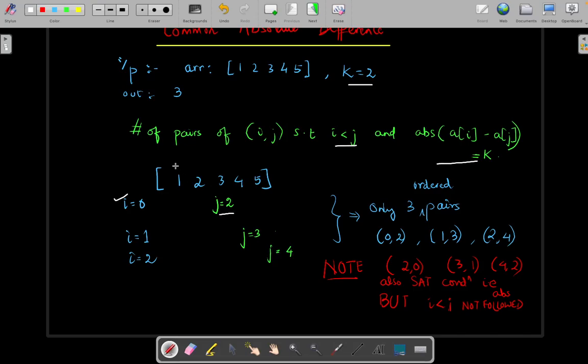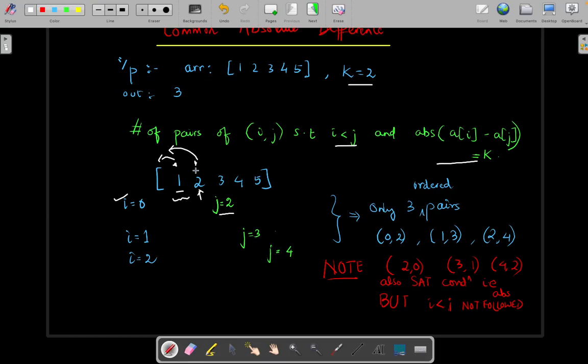When j equals 0, there is no i before it, so the contribution will be 0. When j is 1, there is an i before it, but no element at a distance of 2. Prior to this element 2, there was neither a 0 nor a 4, right?